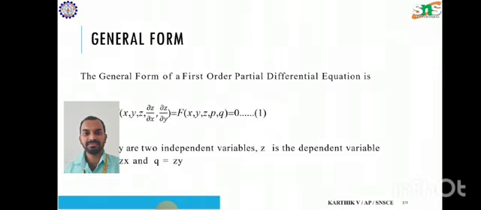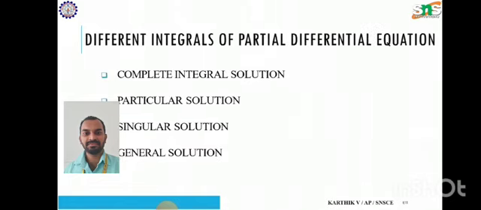In this equation, x and y are two independent variables and z is the dependent variable, that is, function z is equal to f of x comma y. z is in the form of x and y, and p is equal to ∂z/∂x and q is equal to ∂z/∂y.